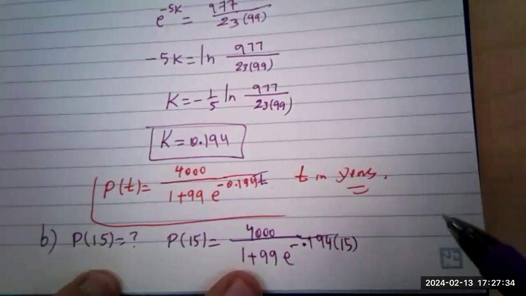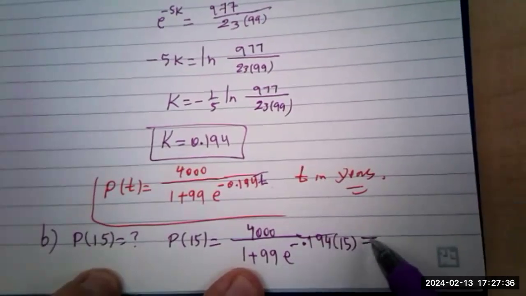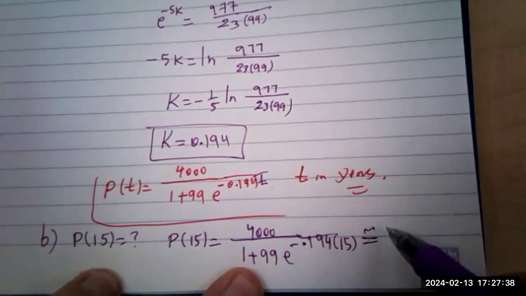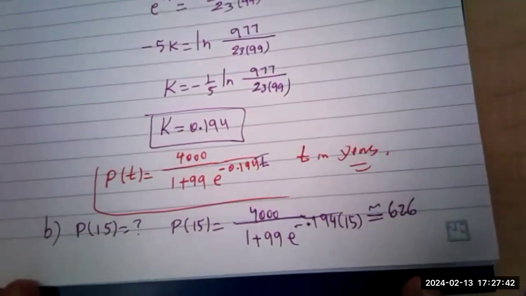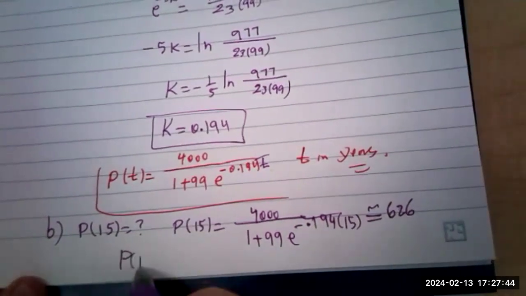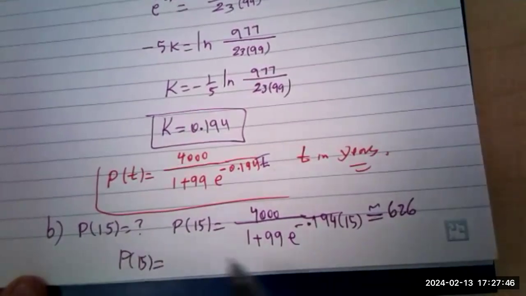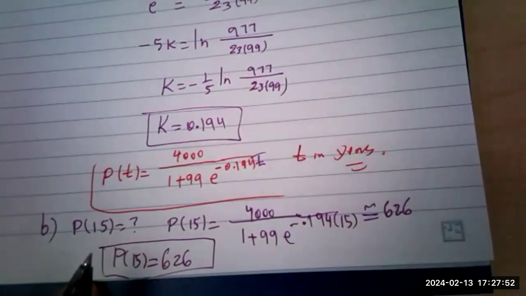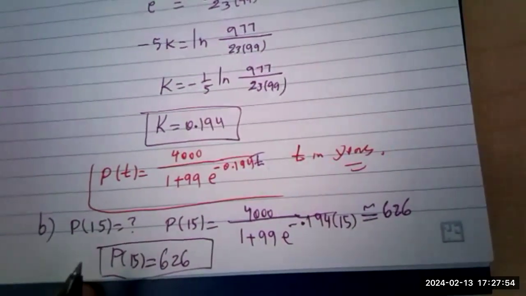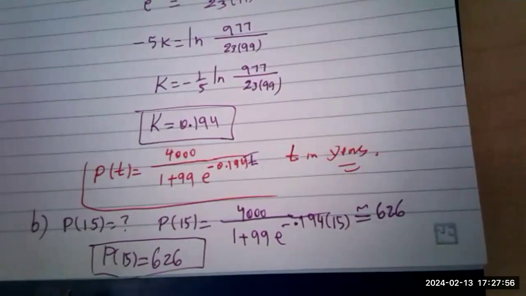On my calculator, I have 626. That's the population after 15 years. It's very nice. You start with 40, and now you get 626.